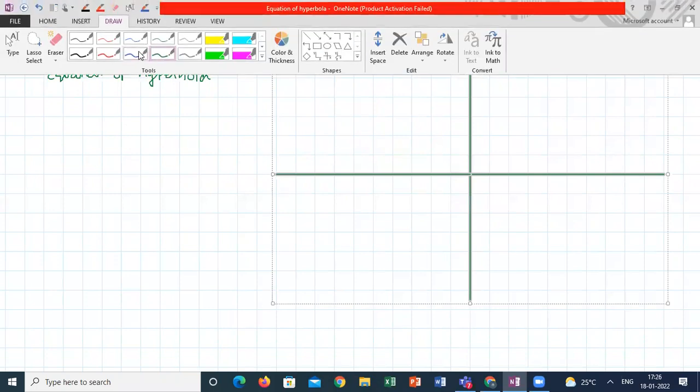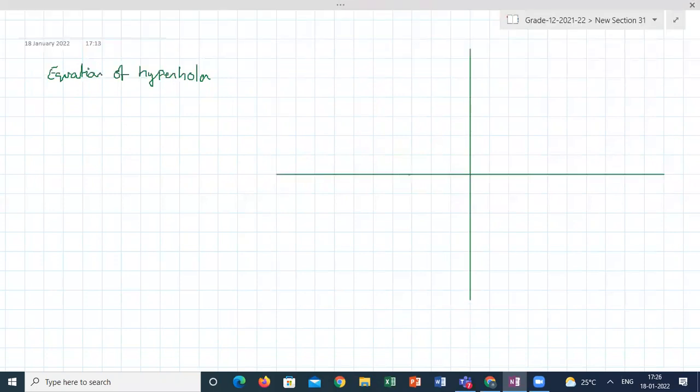Students, I will give certain inputs. Can anyone give the idea how to solve the equation of hyperbola? Strangely, it will look like the equation of ellipse with a small sign difference.